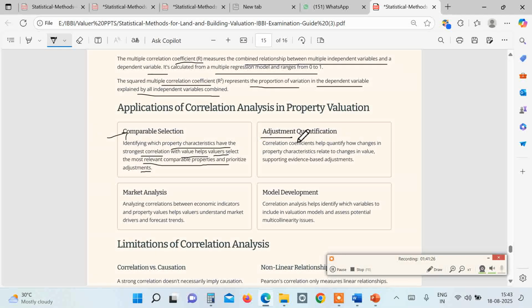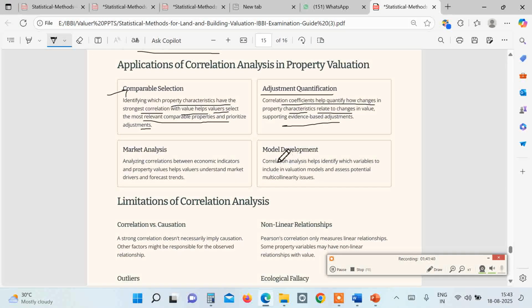For adjustment quantification, correlation coefficients help quantify how changes in one property characteristic relate to changes in the value, supporting evidence-based adjustments. In model development, correlation analysis helps identify which variables to include in valuation models and assess potential multicollinearity issues. For market analysis, analyzing correlations between economic indicators and property values helps valuers understand the market drivers and forecast trends.